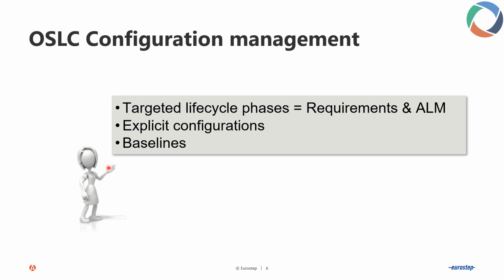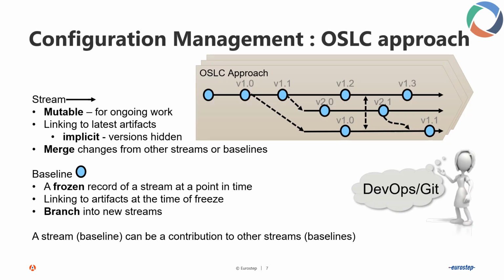Starting with my view of OSLC configuration management, the targeted lifecycle phases for me are in requirements and application lifecycle management. It's handling explicit types of configurations, and it's very much to do with baselines. This is a schematic view of the OSLC approach for configuration management.